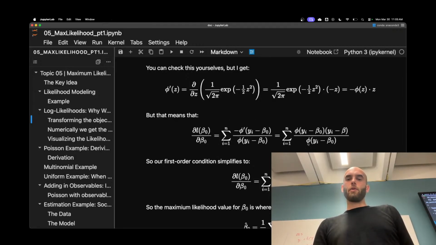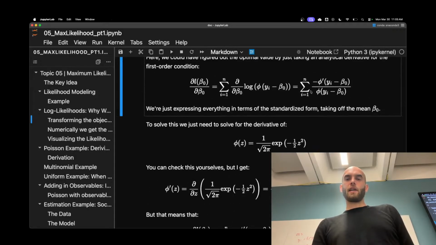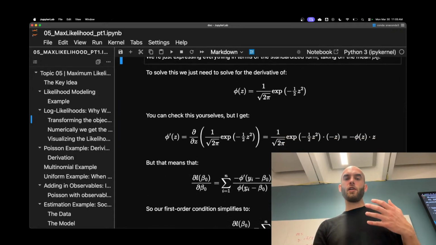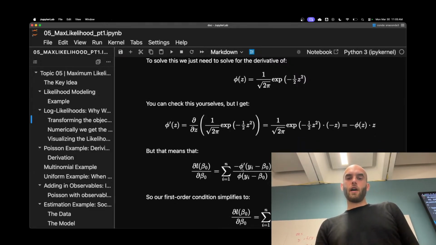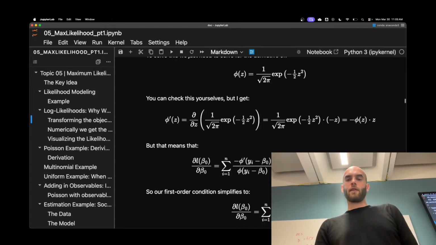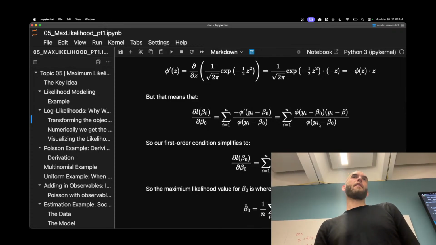We can use this to plug in for the derivative of phi in the function we found up above, which comes out to be this thing. And here you can see we have a bunch of cancellations, namely phi canceled with phi.